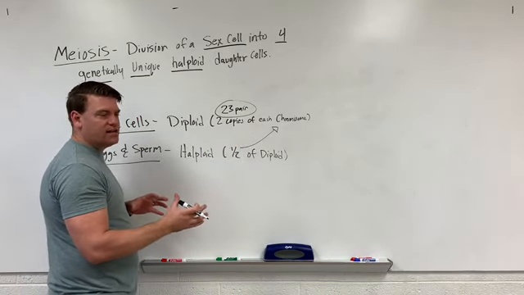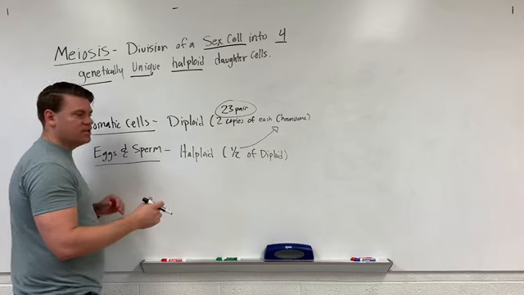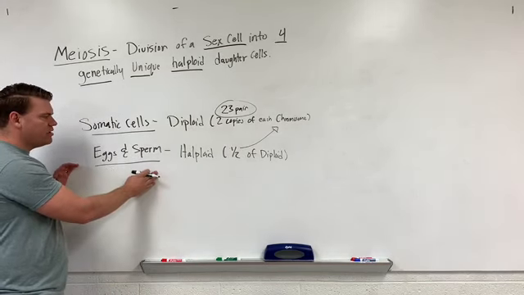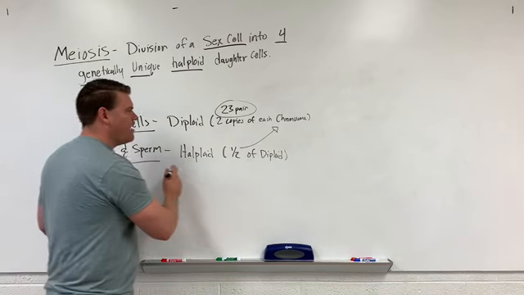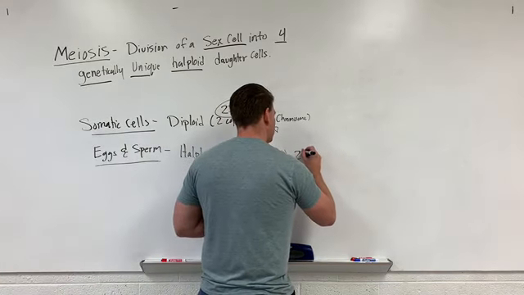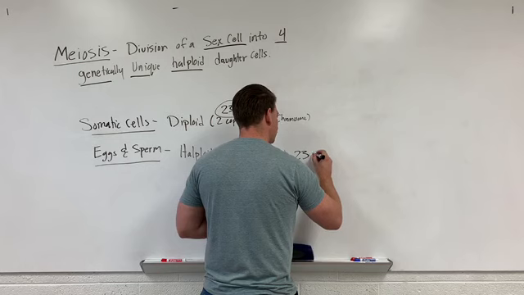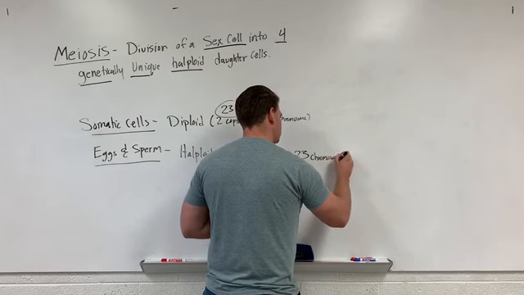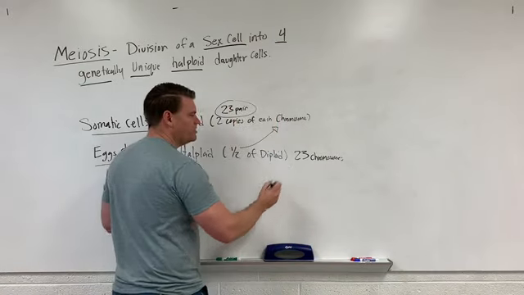So what we're going to end up seeing, instead of saying 23 paired chromosomes like we saw in our somatic cells when we did mitosis, when we finish up with meiosis, our eggs and our sperm are going to end up having only 23 chromosomes. Right? 23 total.